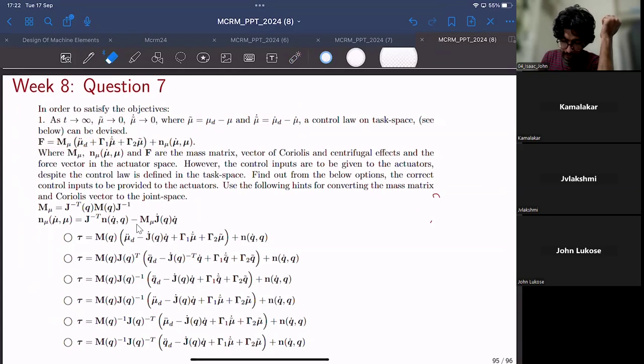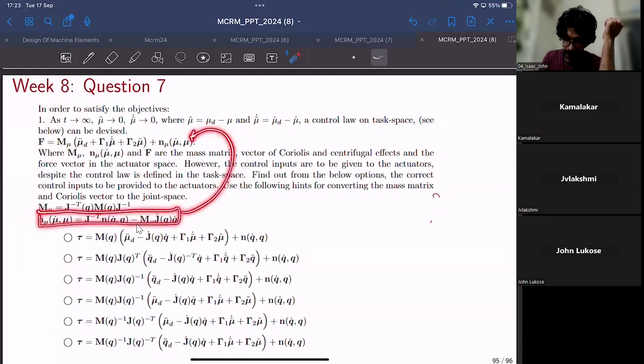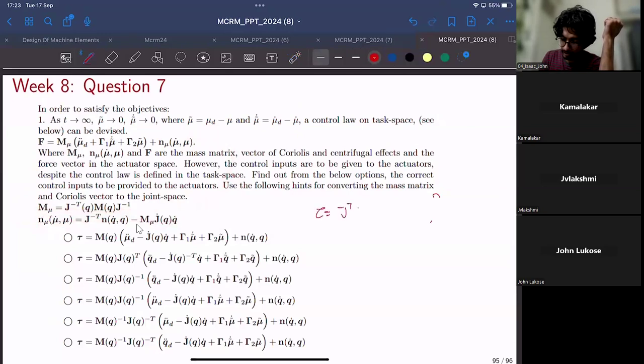You are given a hint, actually. You are given M(x), the mass matrix in task space, in terms of M(q), the mass matrix in joint space. So if you substitute this over here, and you know from the principle of conservation of power that tau is J transpose F. So instead of this F, you substitute this over here, right?